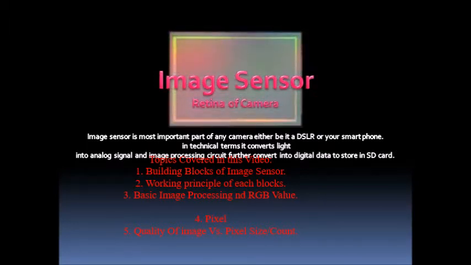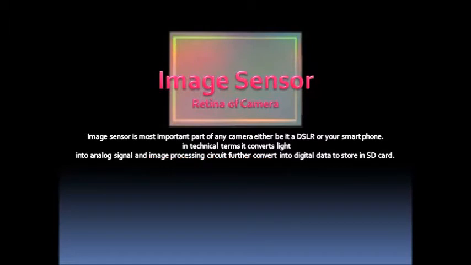So let's go to the tool and see how these image sensors are created and the working principles of image sensor, how it plays with the light and converts that light to analog signal and digital signal, and processes the image further, and stores it into the SD card.